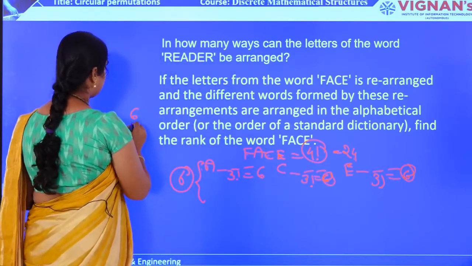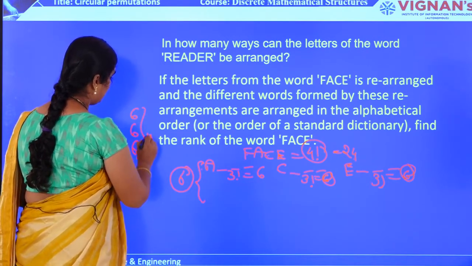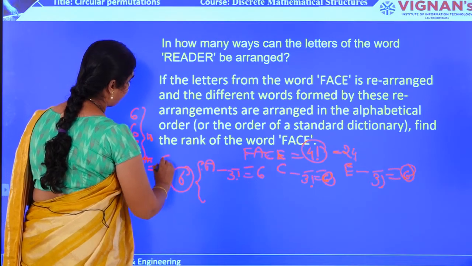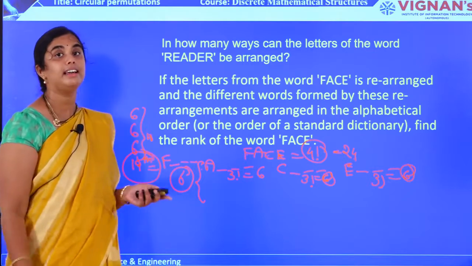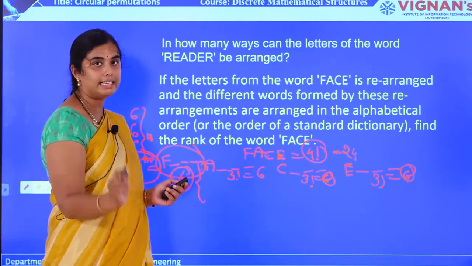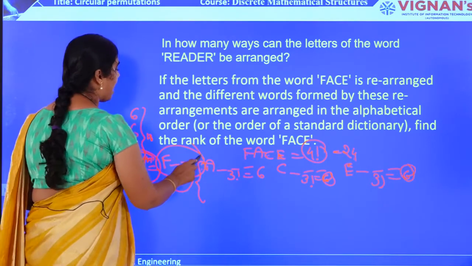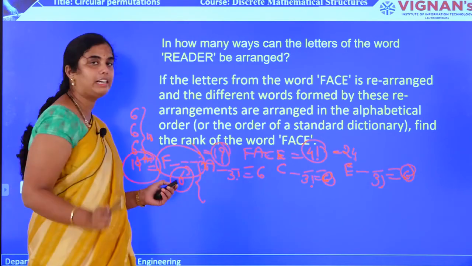That means 6, 6, 6 gives 18, right? Then the 19th position will start with F words. So this 19th position is called the rank. Here the word face will come, as it is arranged in alphabetical order as already said. So the rank of the word face will be 19. Okay? A little bit complicated.